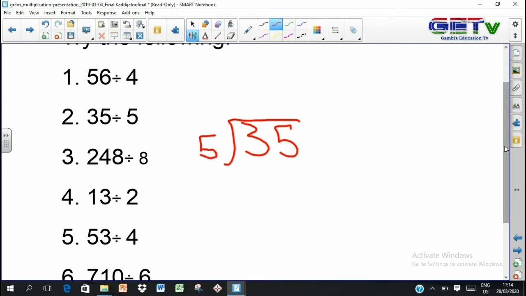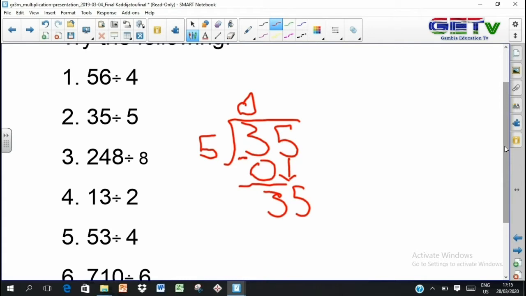3 divided by 5, cannot, we have 0. 0 times 5 is 0. We subtract. 3 minus 0 is 3. We bring down the 5.